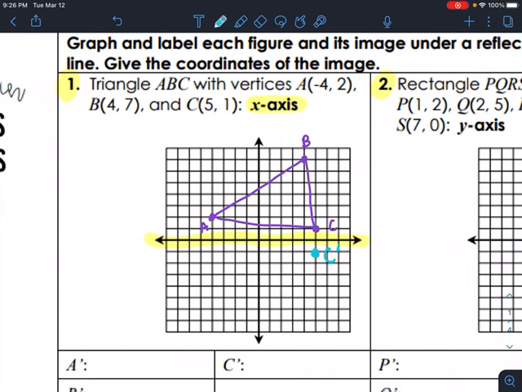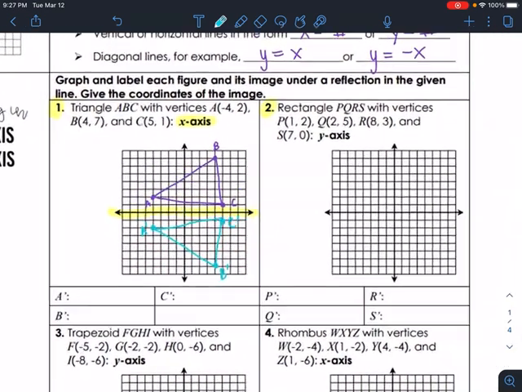A prime is 2 units away from the yellow line, so this would be my A prime. And B is 7 units away from the line, so I plot 7 units, and this is B prime. Now I have my new figure, the reflection of triangle ABC, the new triangle A prime, B prime, C prime.